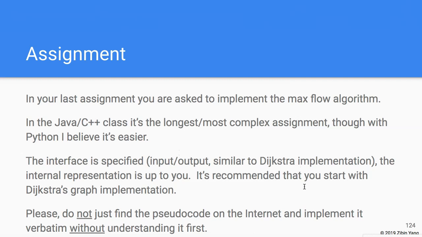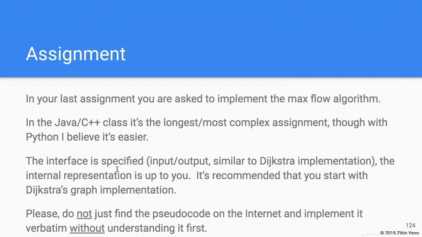They are very similar to the graph and Dijkstra implementation that we talked about earlier. So it's highly recommended that you start with the graph implementation and the Dijkstra implementation that I presented in the earlier videos, but it's up to you whether you want to do that. Only the interfaces are specified. The internal implementation is entirely up to you.